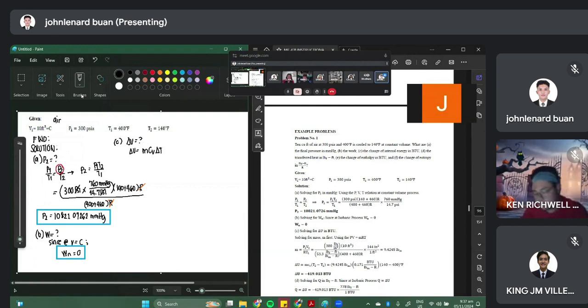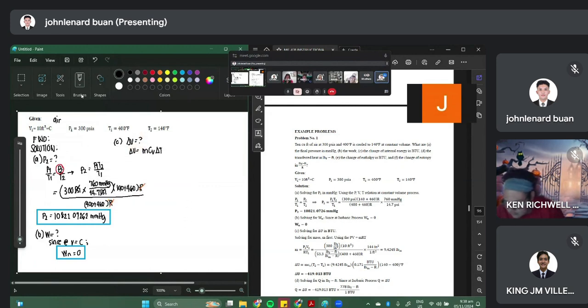So, ibig sabihin, kapag air, we have already, or you are given already different properties of air. Kaya sabi ko sa inyo, kailangan natin sauluhin yun. Natatandaan pa na binigyan ko kayo, or dyan sa module meron, na properties of air. Tanda pa po yun. Under specific heat, gas constant, at saka specific heat ratio.